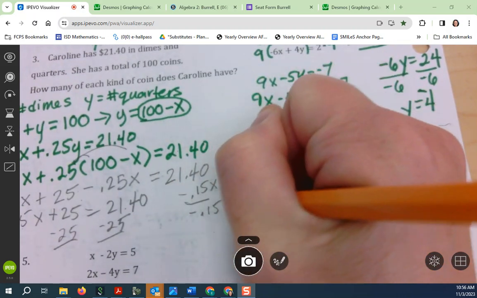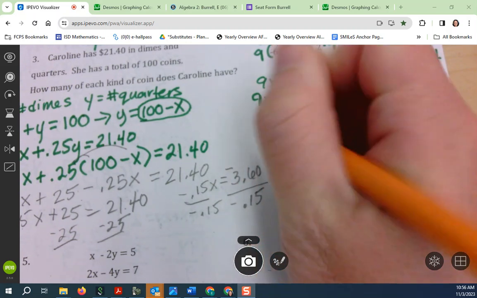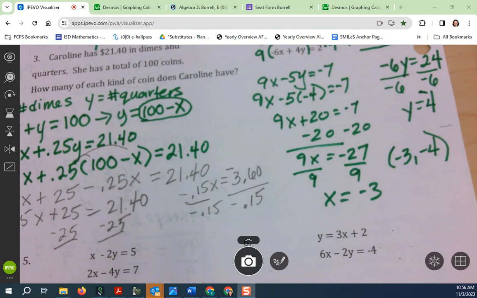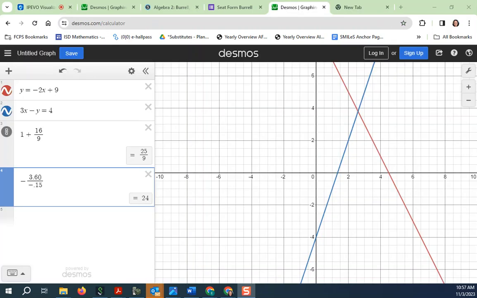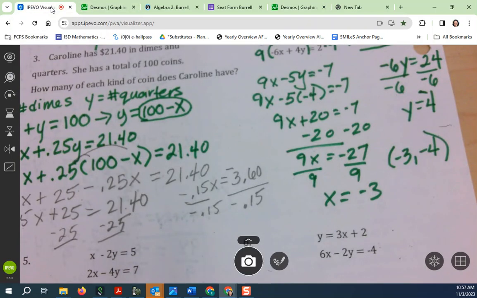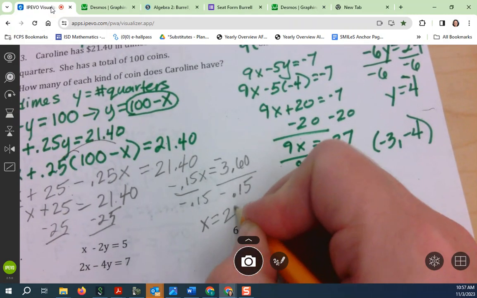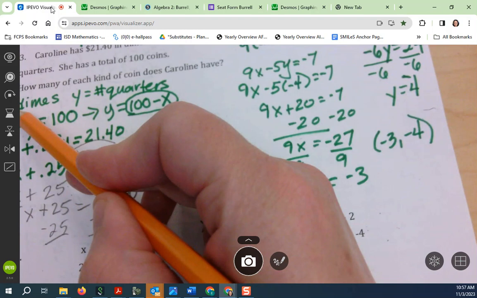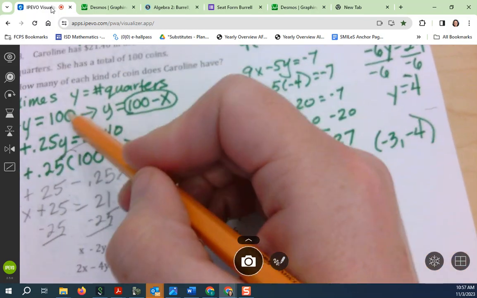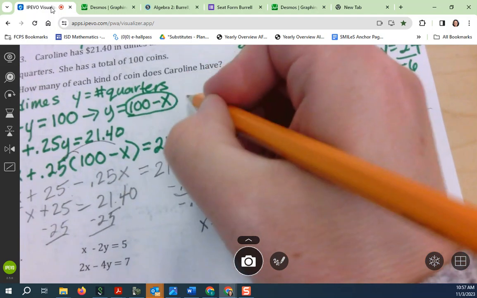I think I need to turn to a calculator finally. And hopefully this comes out right. All right, so I get negative $3.60 divided by negative 15 cents equals 24. So I get 24 dimes, and if I subtract that from 100, the rest should be quarters.